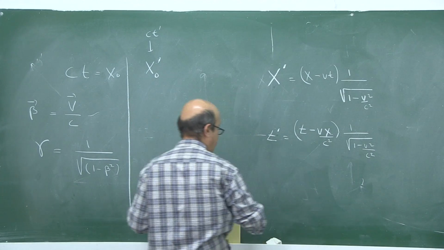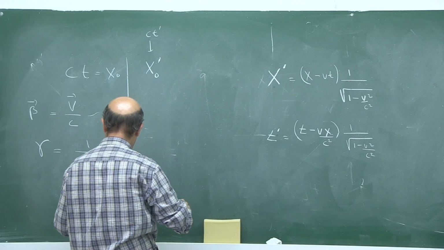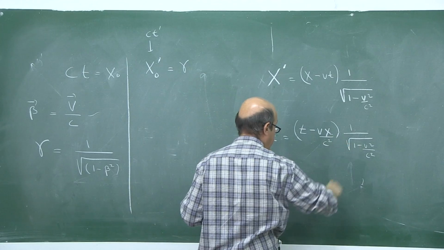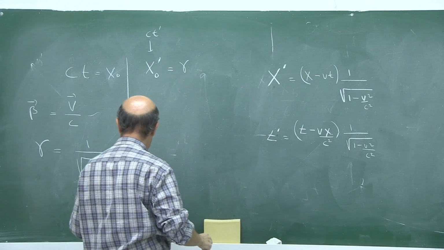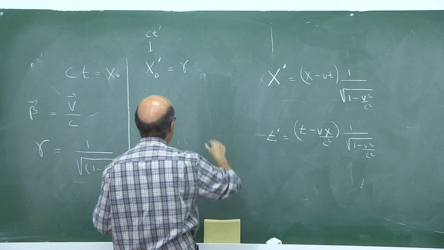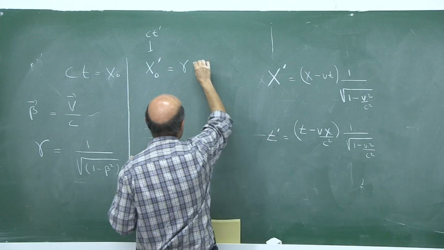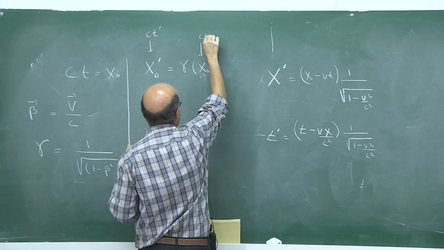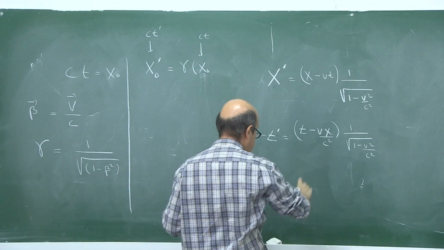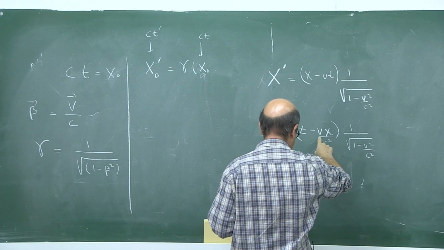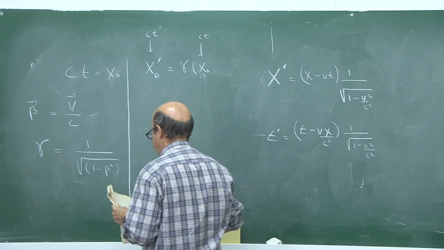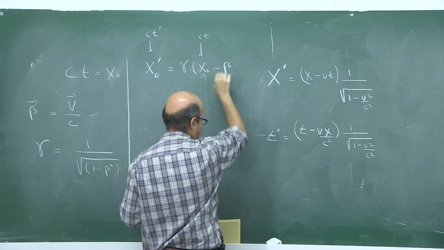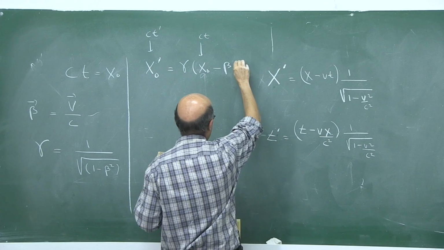So this is gamma, 1 over 1 minus v squared over c squared, and c times t is x0, and what is left here? V over c is left. V over c magnitude is beta. X is the x1.